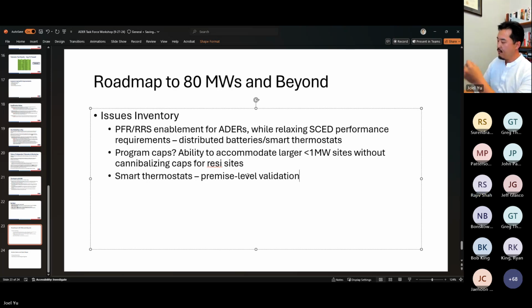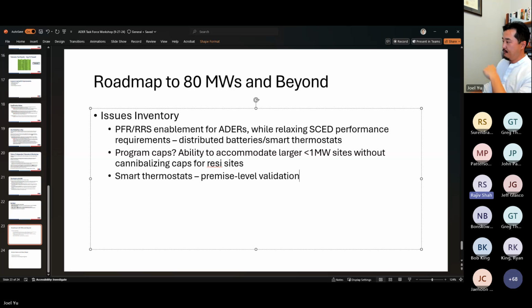But in terms of validating what our thermostats are doing at the premise level, we come up against Smart Meter Texas limitations that we pointed out in a filing we put in midday yesterday, that cap the total number of smart thermostats we could have participating in our own aggregation at something like 500.